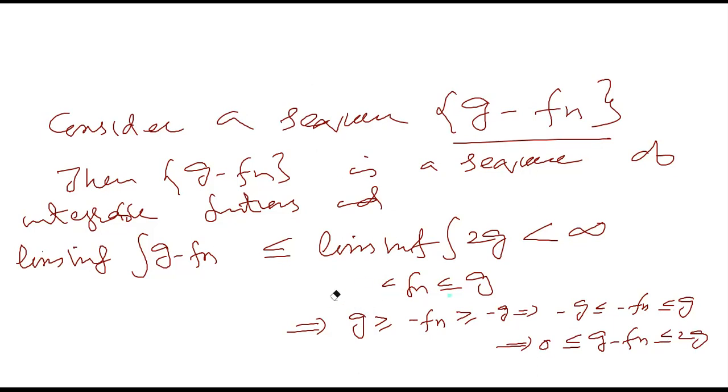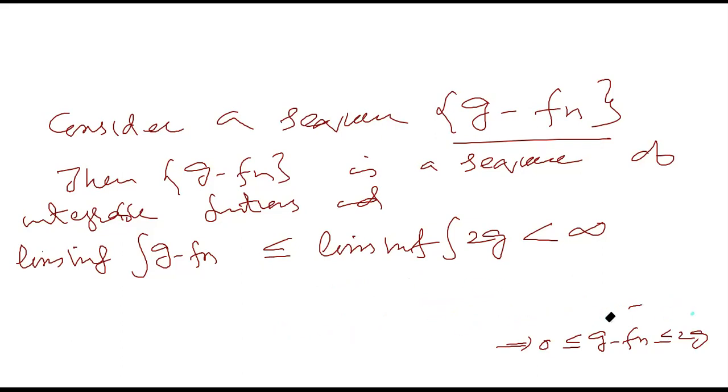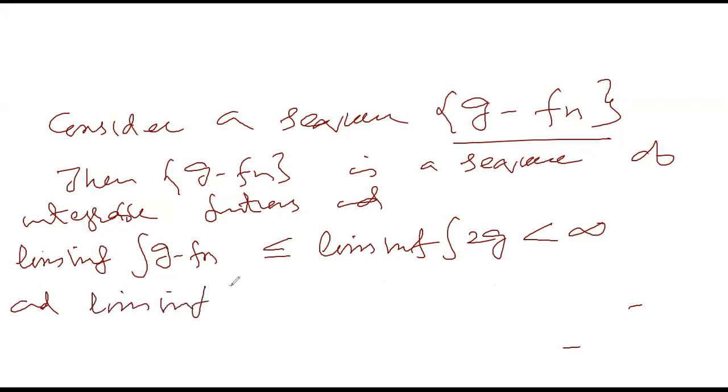So let me erase this here. You can note this here. Okay, this is therefore limit inferior of g minus fn is finite. So by Fatou's lemma, now we can apply Fatou's lemma, and the limit inferior of g minus fn is an integrable function.